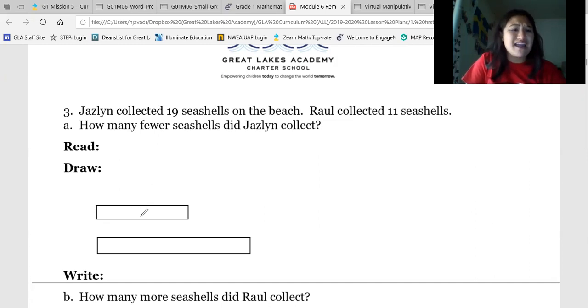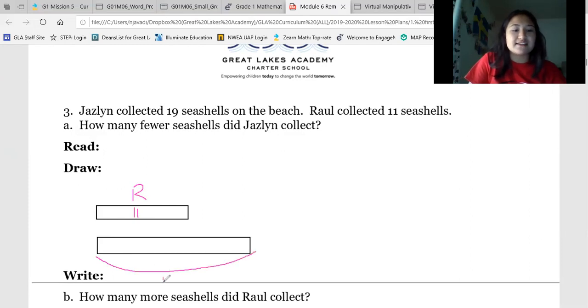Do you know why Raul's 11 seashells goes in this box and not this box? Nice, that's right. It's because Raul has a fewer number of seashells, so he's going to go in the smaller box. I'm going to label it R for Raul. Now we know that Jaslyn collected how many seashells? Shout it out. That's right, she collected 19 seashells.